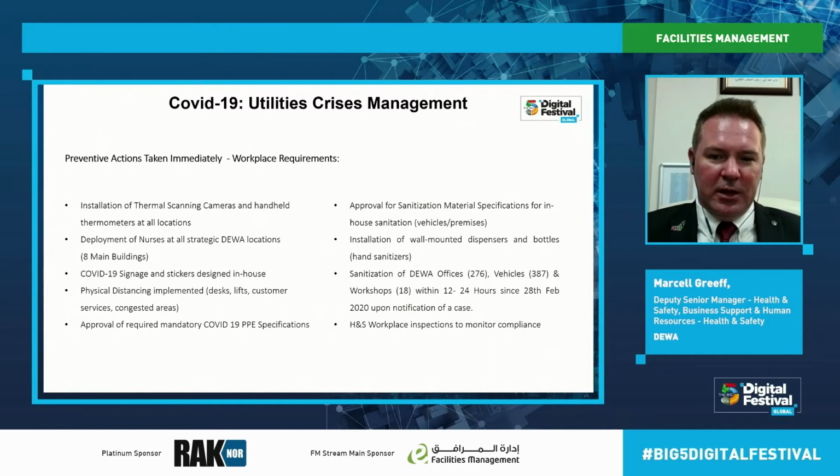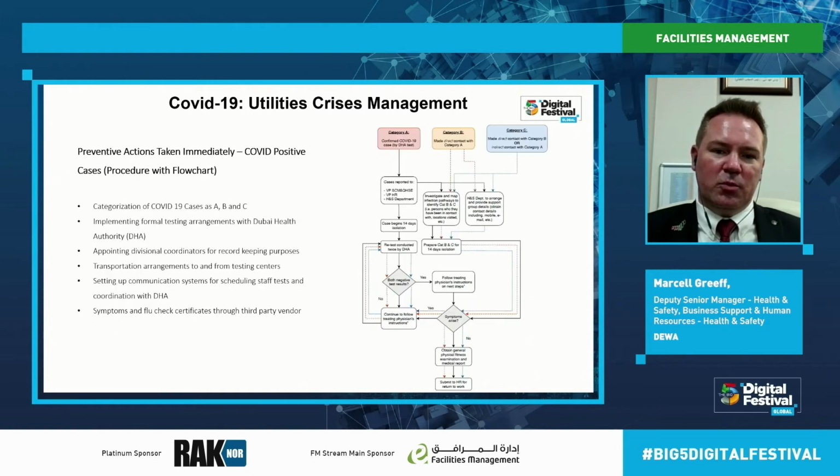I've listed the numbers there so that you can see the sheer number of these things that we've been doing. These are the actual numbers since the 28th of February. The first DEWA case was on 28th of February. And health and safety workplace inspections to monitor compliance.